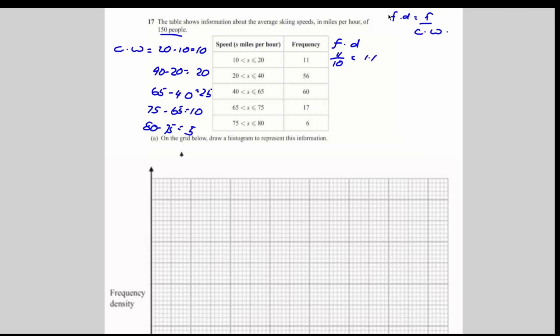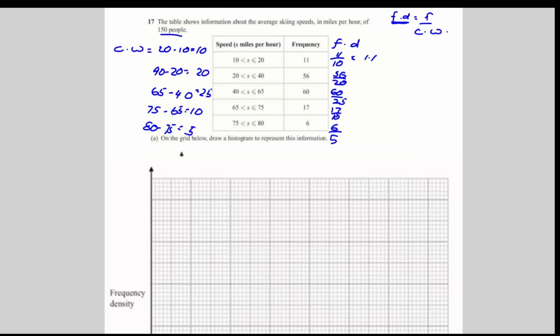If you are getting confused with this formula, remember the frequency should be on the top, over class width. Next one, frequency 56 divided by class width 20. Next one, 60 divided by class width 25. Next one, 70 divided by class width 10. Next one, 6 divided by class width 5.